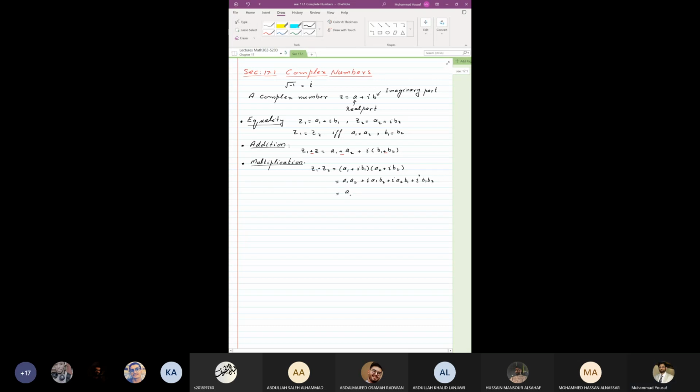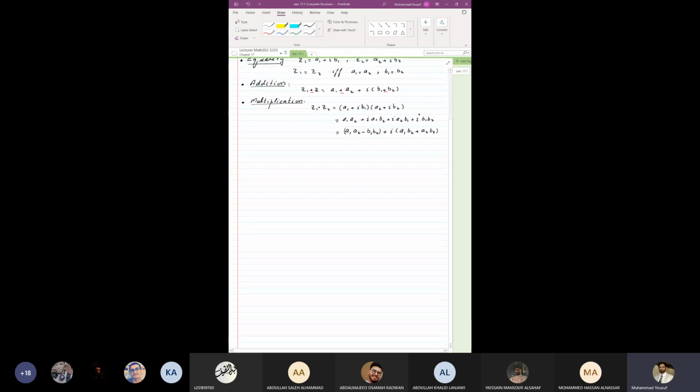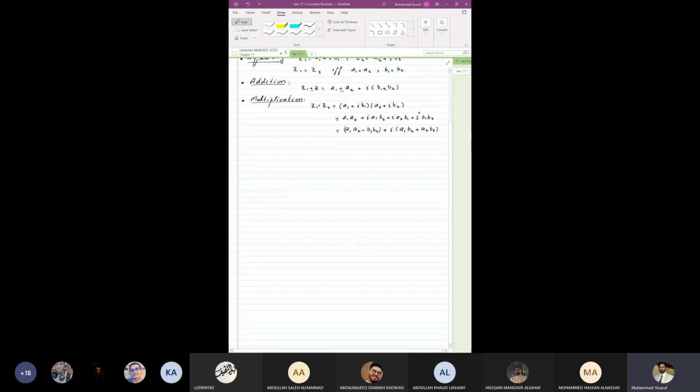Now here A1A2 is the real part, and i is the square root of -1, so i squared will be -1. So negative B1B2 is real part, and I take the common factor, A1B2 plus A2B1, this is the complex part. So we multiply them by the distributive property, and we can also divide two complex numbers.